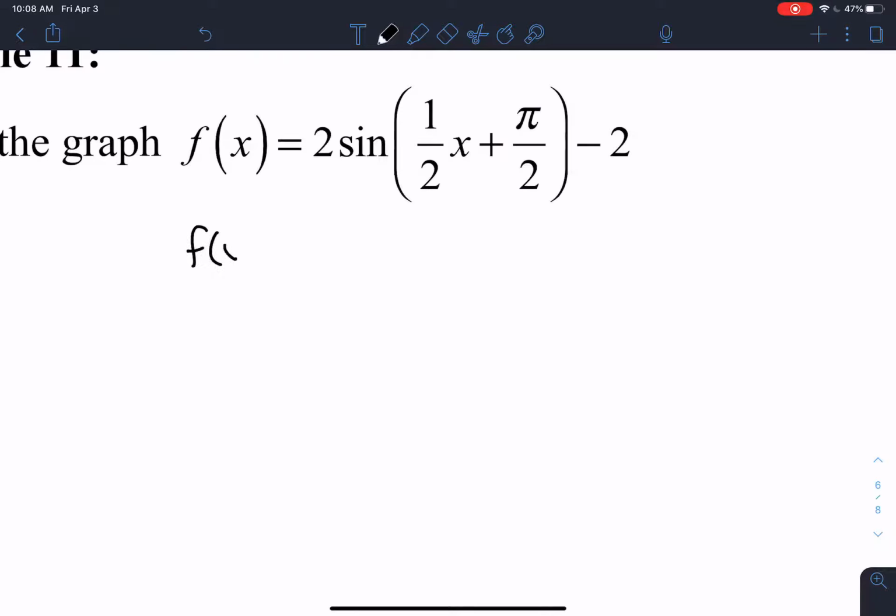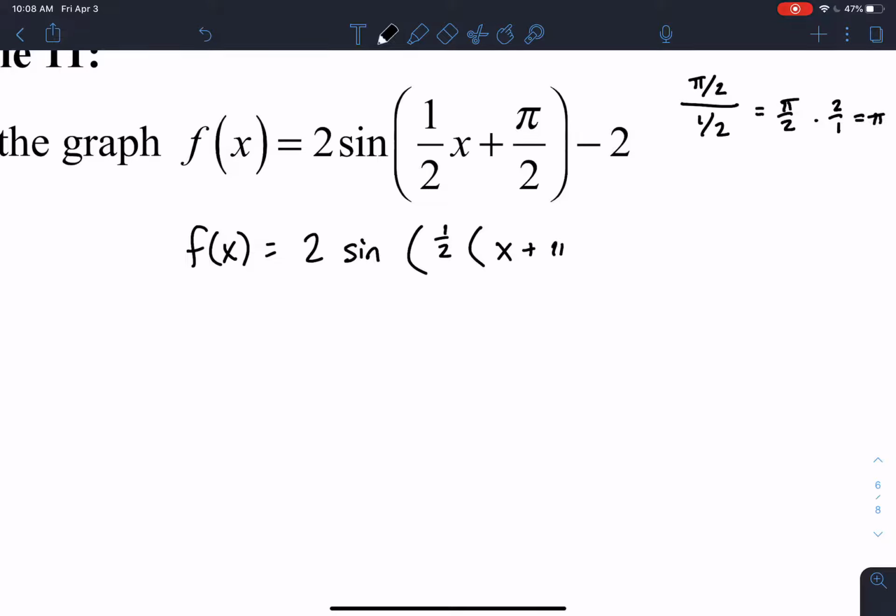So I have f of x equals 2 sine of 1/2 times x plus, now if I do pi over 2 divided by 1/2, right? That's really pi over 2 times 2 over 1, or just pi. Okay, so this will be x plus pi, and then minus 2.